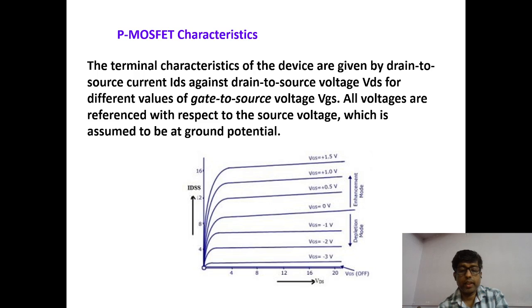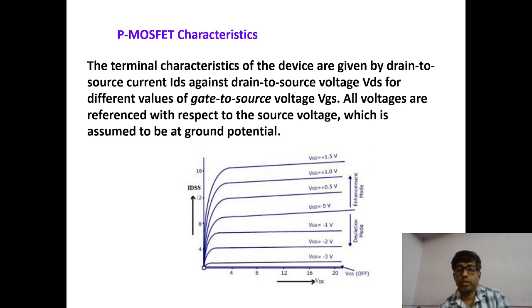This shows the drain current characteristics of an N-channel MOSFET which can be used in either the enhancement mode or the depletion mode. Positive values of the gate source voltage VGS produce the enhancement mode, whereas negative values of VGS result in the depletion mode. The transfer characteristics of the same MOSFET are indicated in the figure.